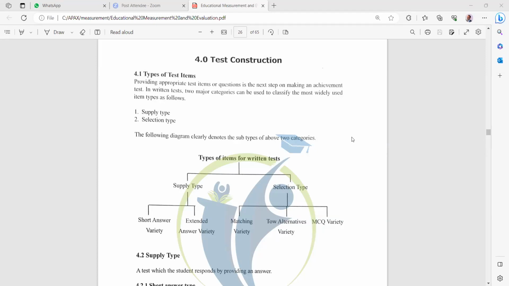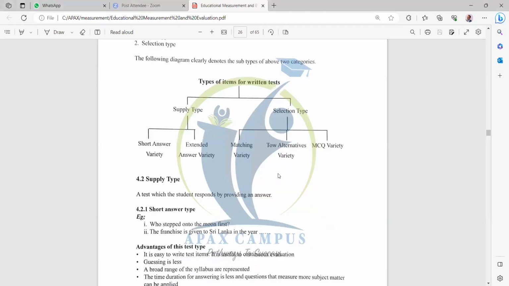So we can see types of items for written tests. We have the supply type and selection type. In the supply type, we divide it into two as short answer variety and extended answer variety. In the short answer variety, you may be required to write just one word, two words, a simple phrase, or one sentence, like short answer, right?